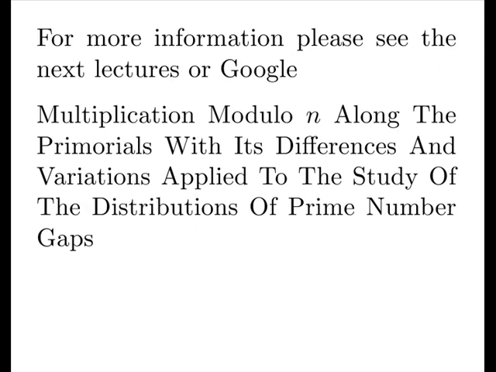For more information, please see the next lectures, or Google multiplication modulo n along the primorials with its differences and variations applied to the study of the distributions of prime number gaps.